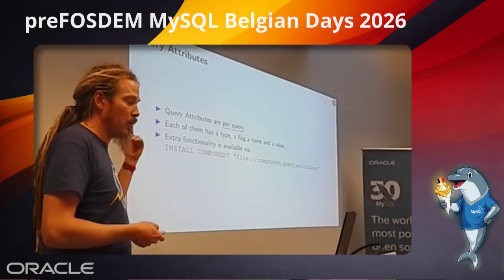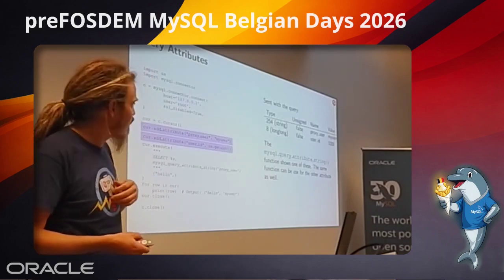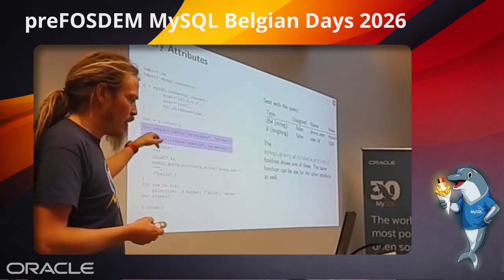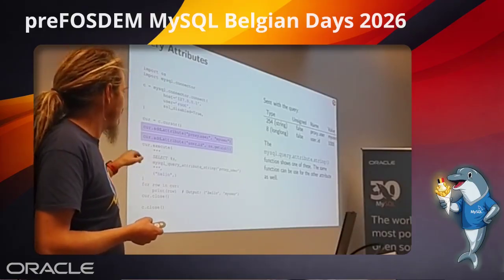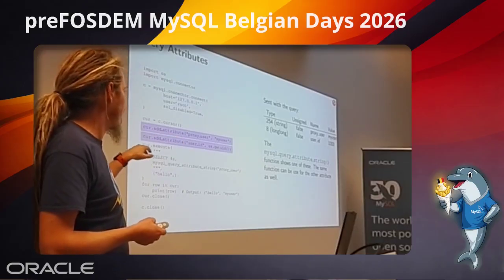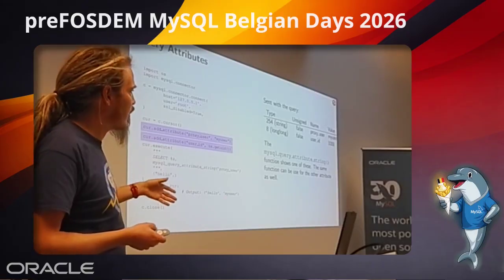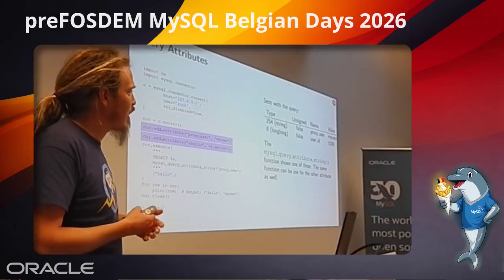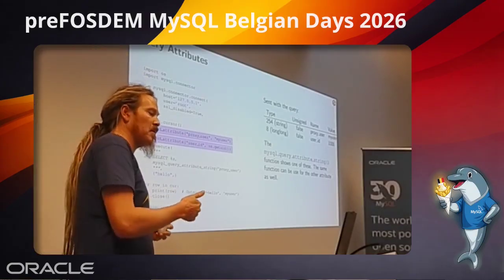Connection attributes have only a name and a value, but here we also have a flag and a type. This makes it very similar to prepared statements. Extra functionality is available in the server with a component named component query attributes. This is not required to actually use query attributes, but it is just some extra functionality.